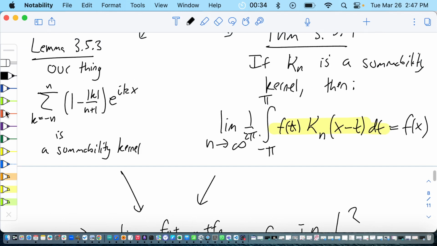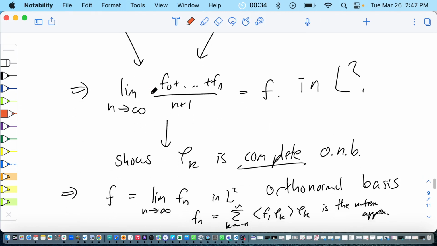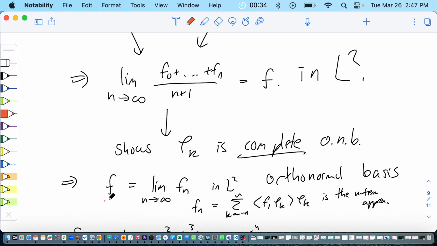So we're going to start with this little sum, and I'm going to show you a nice way to prove it's a summability kernel using the kind of algebra we were just doing. Yeah? Did we at some point say that f does belong to L2 in this, are we assuming that, or is that not necessary? Oh, yeah, does the original function f have to be in L2? So, this is a great point.